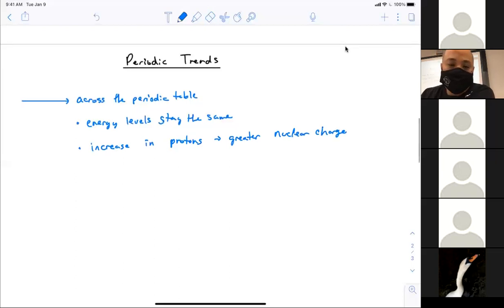It has to be both these things together that allows you to do that, because technically as you go down a group, you get more protons as well. But because you have more energy levels, the ratio of the protons to the electrons is essentially the same. So it doesn't have as much of an impact there.